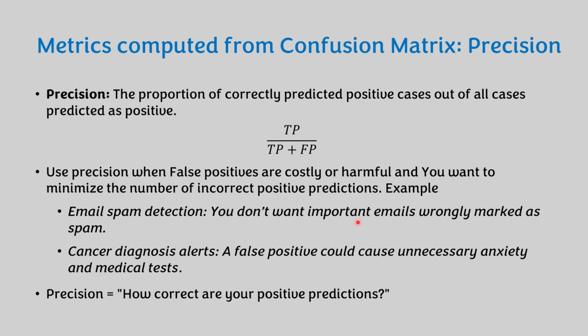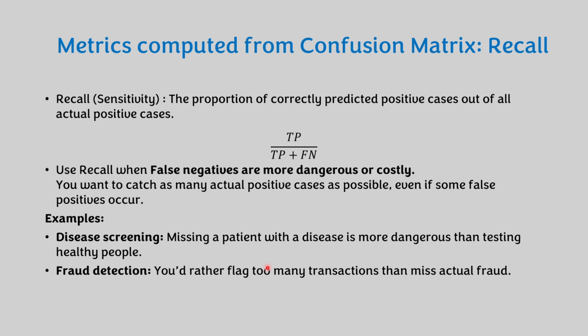For example, in email spam detection, you don't want important emails wrongly marked as spam, and therefore precision may be of more concern in that instance. In short, precision is just how correct your positive predictions are.